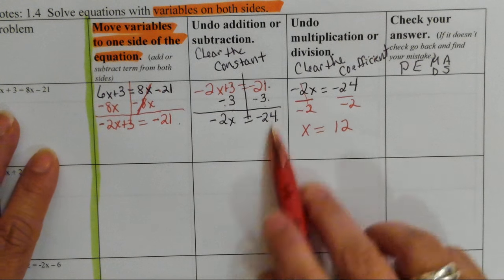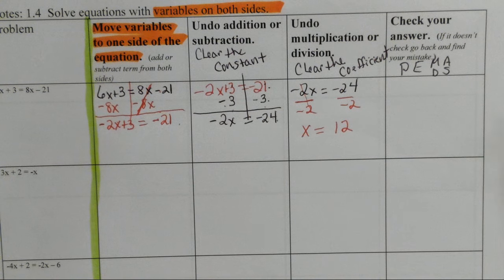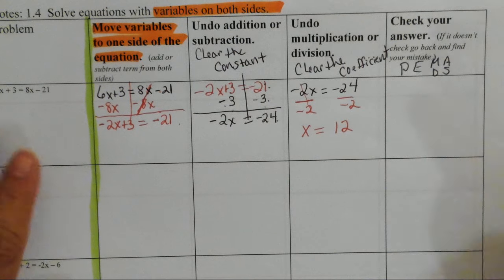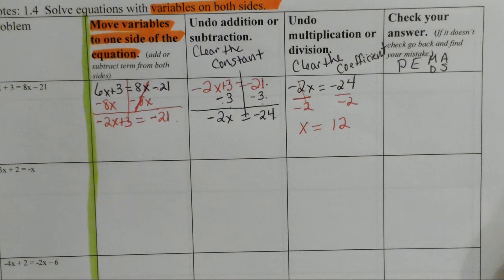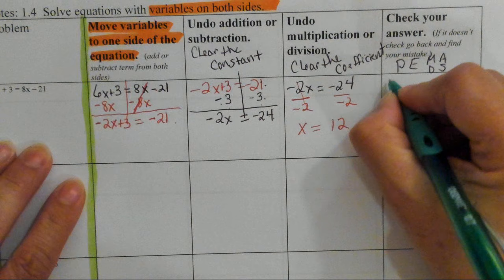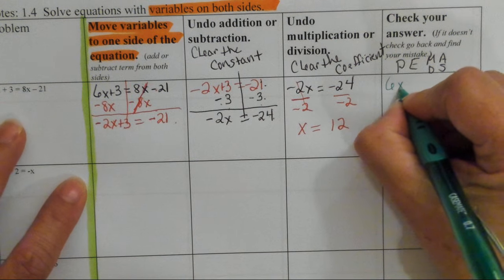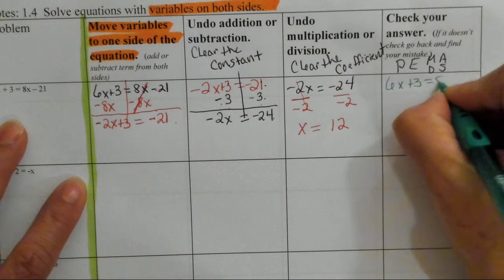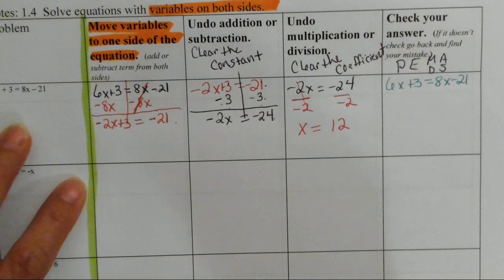Now, what we can do now is make sure that that answer is correct. So checking your answer is a good idea when we can do that. So here's how we do that. We're going to just write down the original problem, 6x plus 3 equals 8x minus 21 from the first box.